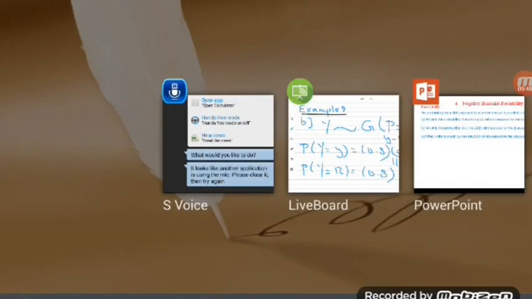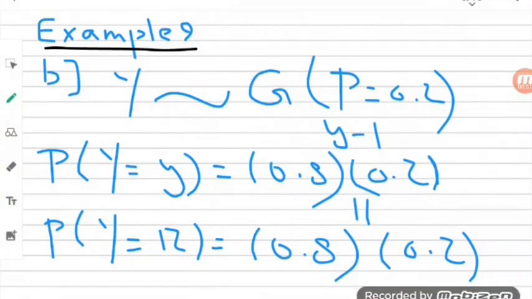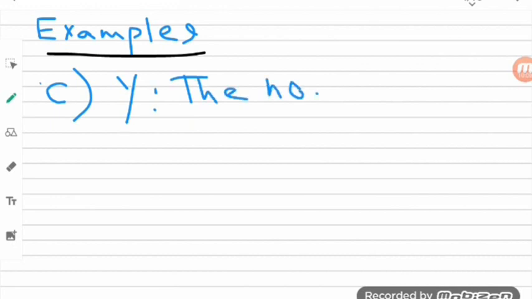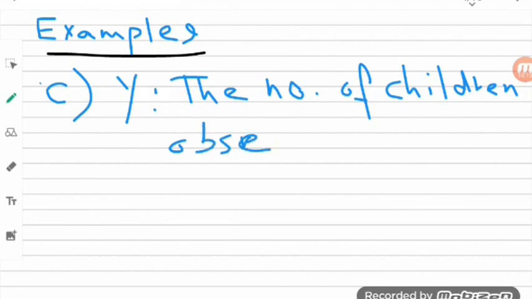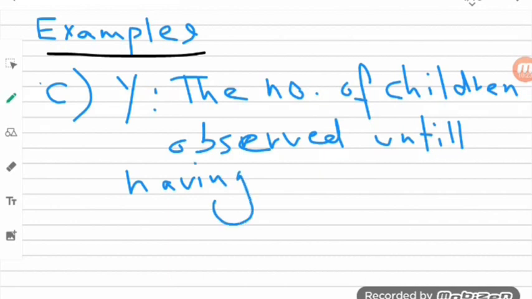So in number C, we'll define the random variable as the number of children observed until having r, which is here 3, with the disease.